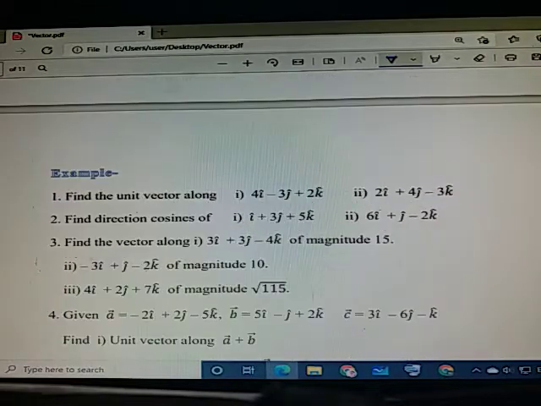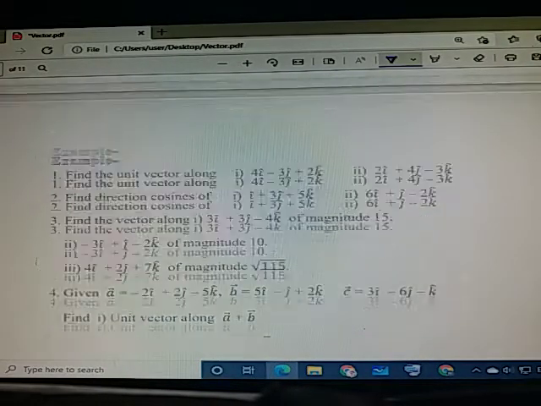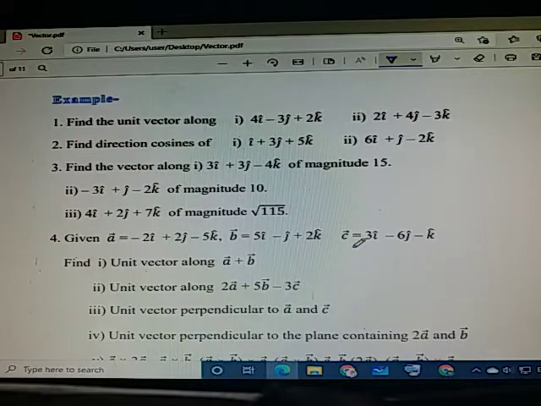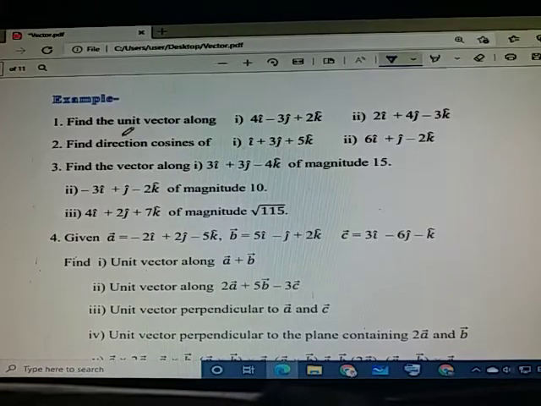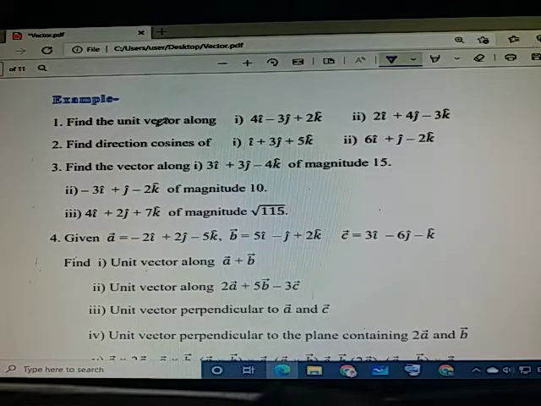So this is all about the theory, and now you see the examples. Find the unit vector. For the unit vector, you take the modulus. The modulus is the root of 4 squared plus minus 3 whole squared plus 2 squared, that is, root of a squared plus b squared plus c squared.